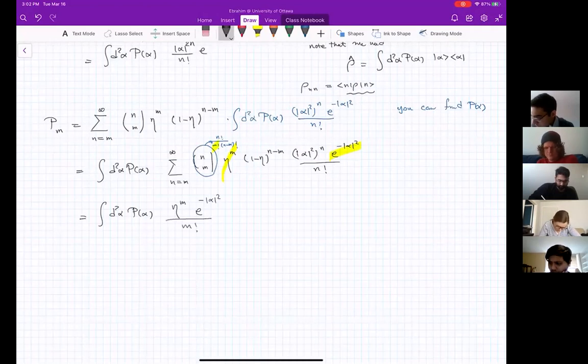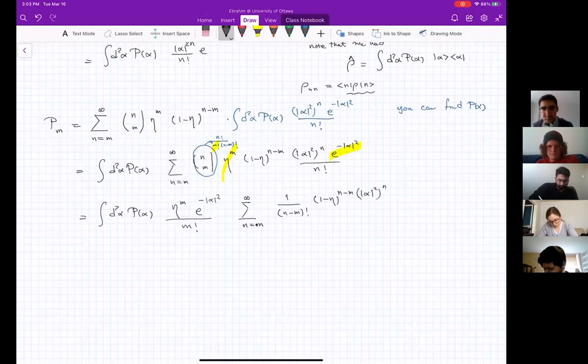Then the summation will be n changing from m to infinity. Then n factorial goes away. I have 1 divided by (n minus m) factorial. Then (1 minus eta) to the power of n minus m. What else I do have is |alpha|^2 to the power of n. Good. Do you agree?